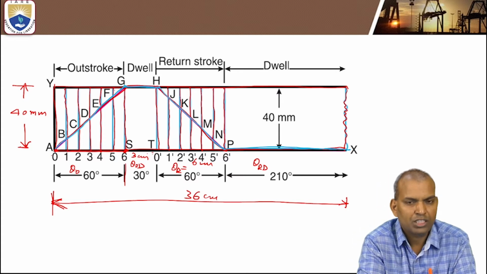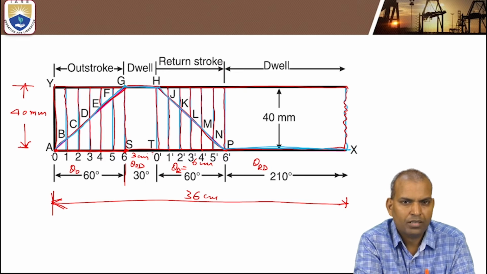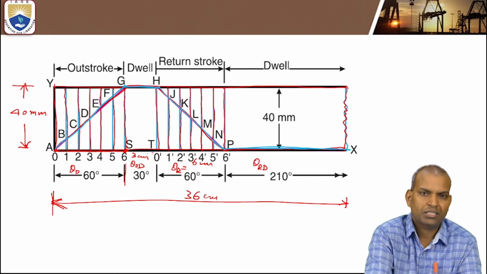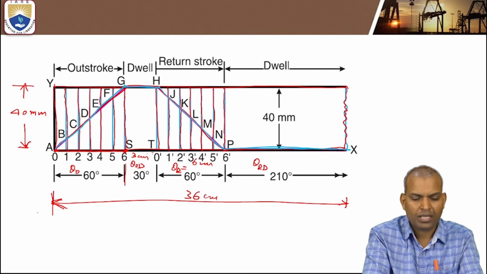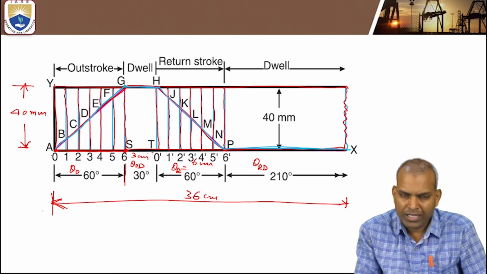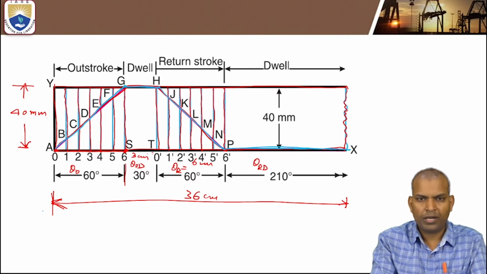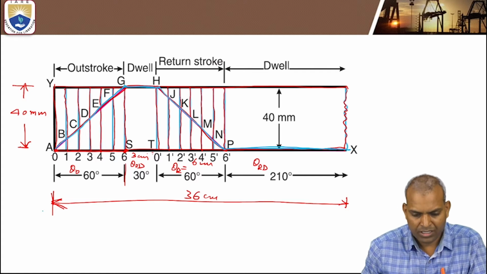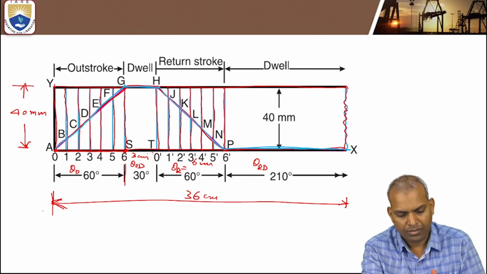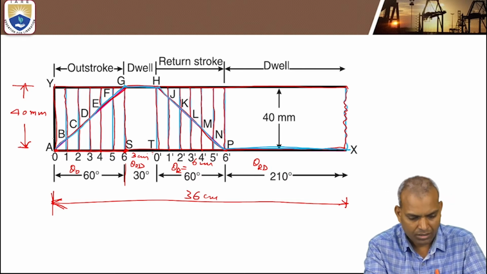This is the displacement curve of a follower with uniform velocity when the rotation of the cam during outstroke is 60 degrees, dwell during outstroke is 30 degrees, and return stroke angle is 60 degrees, and the remaining is a dwell period. So this is the displacement diagram of any type of follower having uniform velocity. Okay, this is the concept of drawing the displacement diagram.